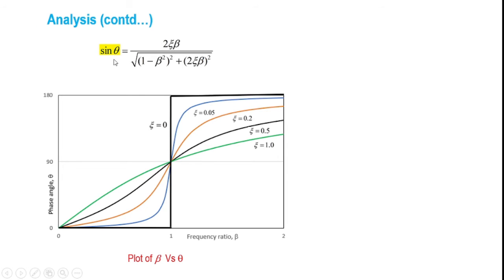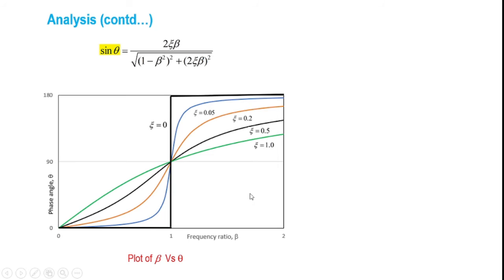Now, as you can see, the phase angle is directly a function of the damping ratio c and the frequency ratio beta. So here I made a plot of frequency ratio beta versus phase angle theta for various values of the damping ratio c.